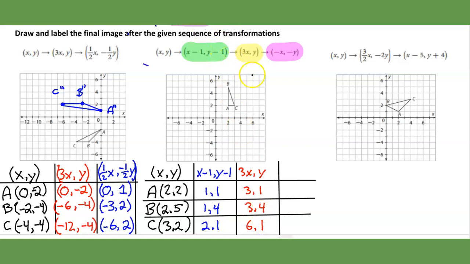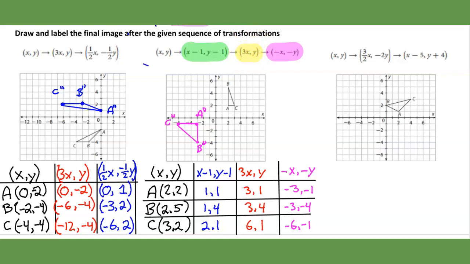And then lastly, do one more, which is just the opposite of each coordinate. So we'll have -3, -1, -3, -4, and -6, -1. Okay, so that should be a little more accurate. There we go. So got A double prime, B double prime, and C double prime.